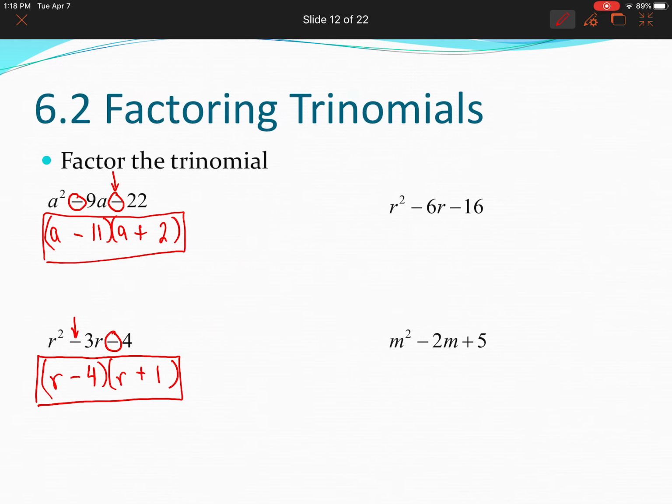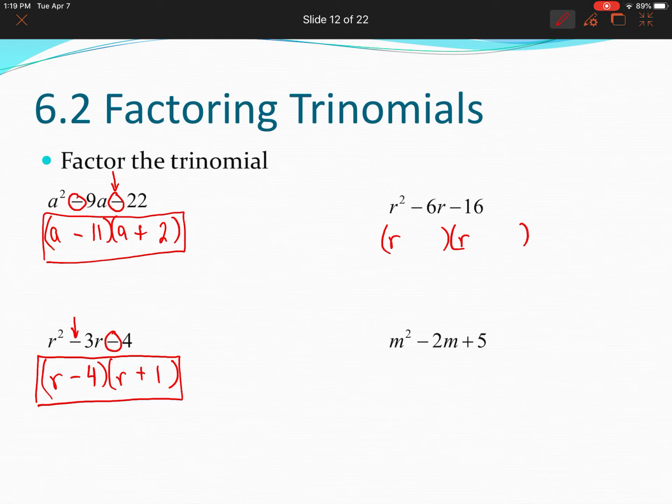Now, try the next one on your own. Again, I'll give you 3 seconds to pause the video and try that one. All right, so if you did this one, again, there's no common factor. And so our first term is going to be R. And we're looking for two numbers now that multiply to give 16 that will subtract to give 6.